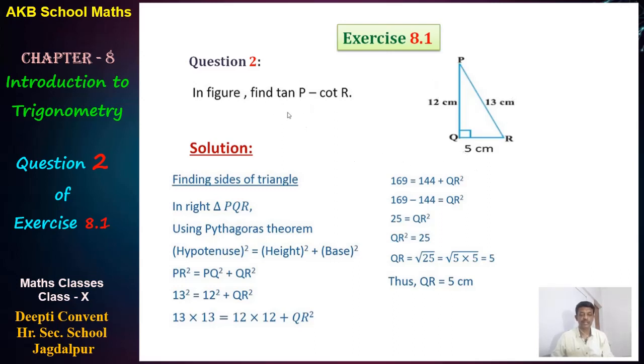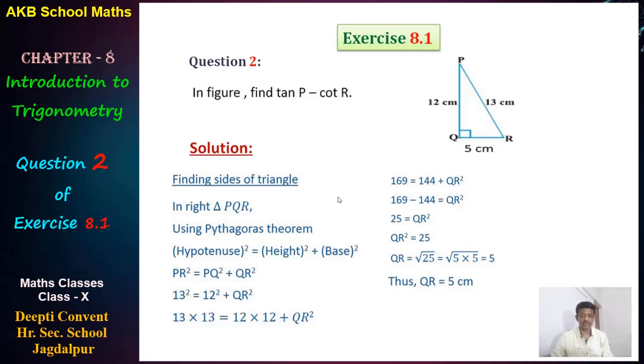Now we have to find tan P and cot R. Concerning angle P, QR will be the perpendicular, and concerning angle R, PQ will be the perpendicular, and the other is the base, and this is the hypotenuse. So you can find the value of tan P and cot R now.